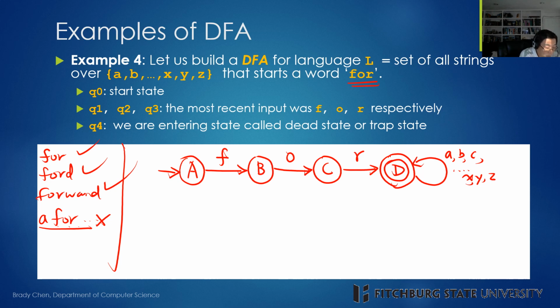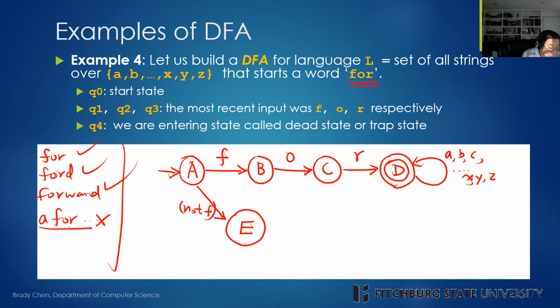Now the only thing we need to think about is if the first character is not F. Now we reach another state, E. This is not acceptable, right? If the first character is not F, it could be A, could be B, but not F. Then we reach another state.